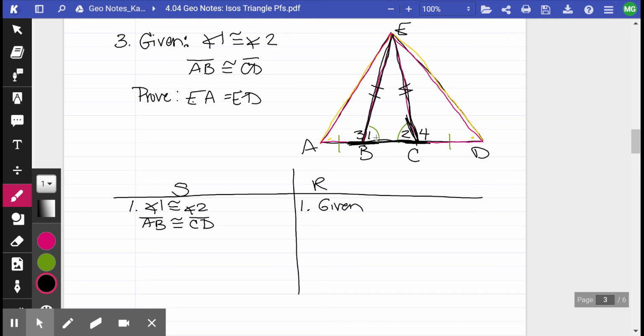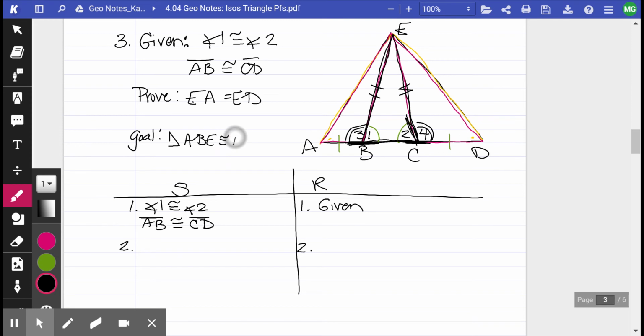If that's 30, then 3 would be 150. If 2 is also 30, then 4 would be 150. So what would be true about 3 and 4? Well, they'd be the same. And that is one of your theorems. And again, you can use your boxes to do that as well, which would allow me to get angle 3 congruent to angle 4.